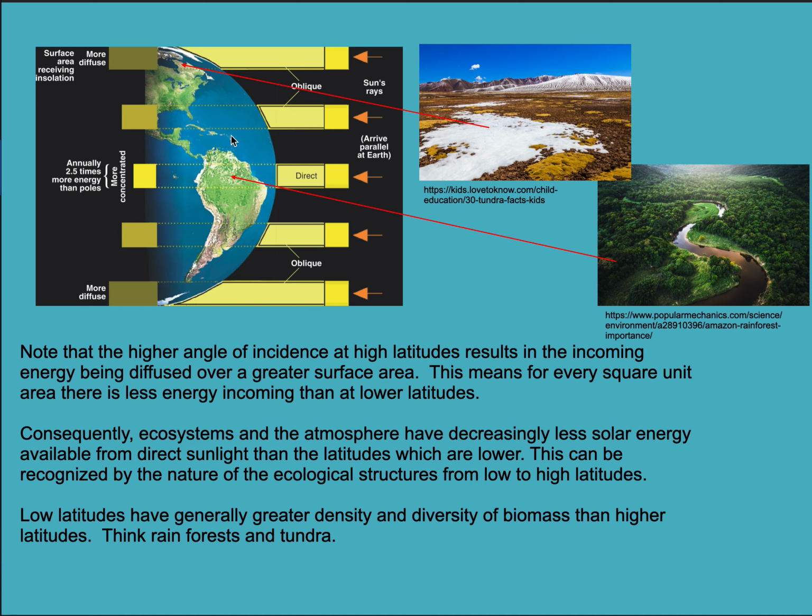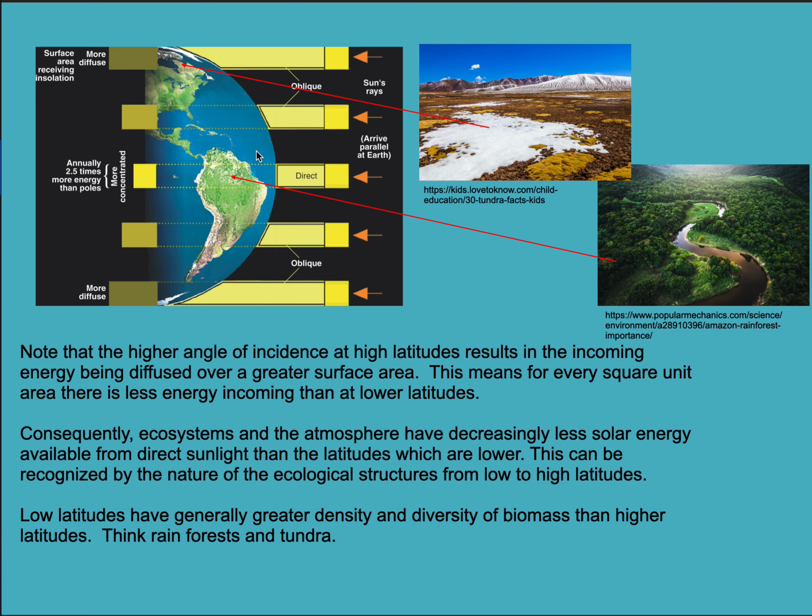So imagine the difference between what the rainforest looks like. And if you're not certain, take a look at a Google image of the rainforest, and then Google the forest in Pennsylvania or the forest in Ohio, and you'll see a structural difference. And the structural difference is because we've got less solar energy coming in at this latitude in and around Pennsylvania and Ohio.